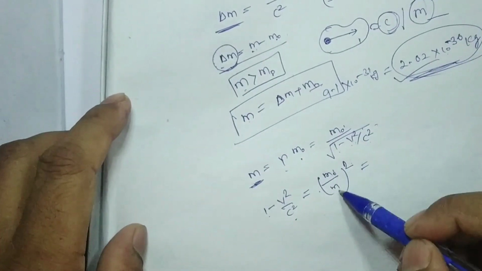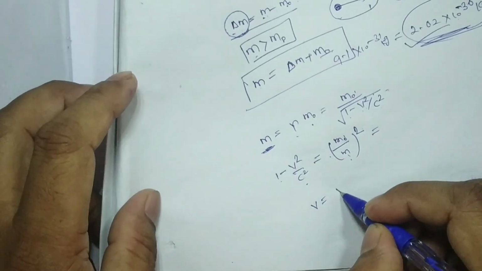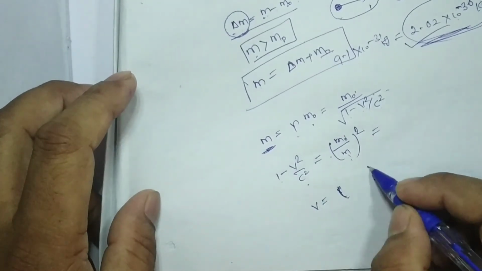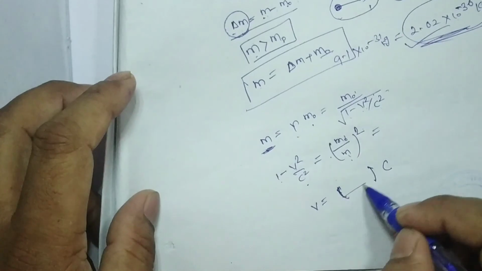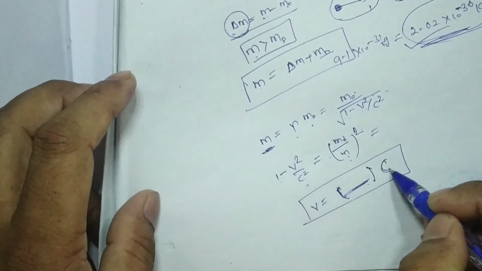So you have to put these values, and we can find that the velocity of the particle is some fraction into c, the light speed. You can calculate the amount by yourself in your rough work.